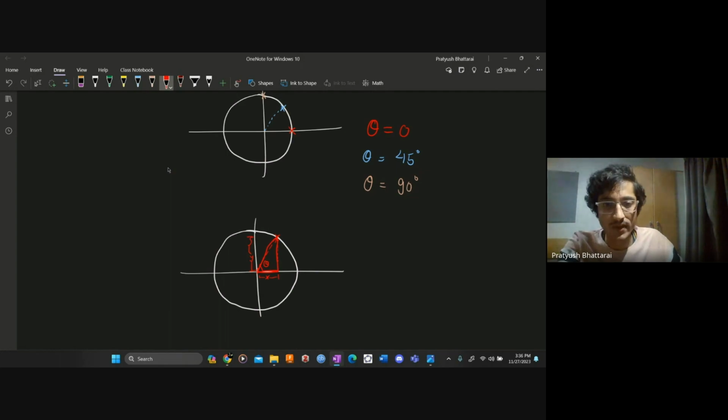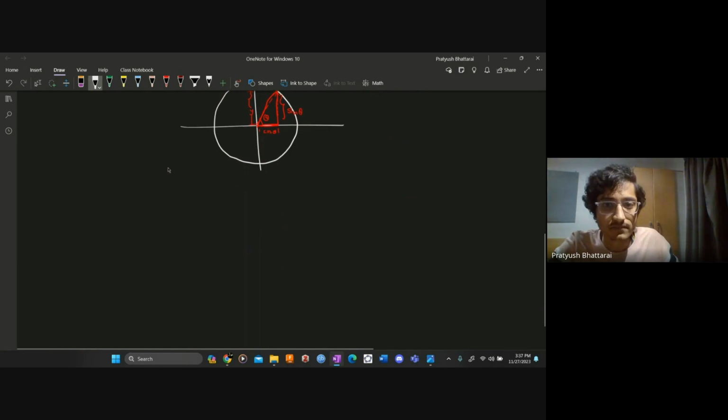Now for every angle, we say that this base represents the cos theta for this angle, and this length represents the sine theta for this angle.